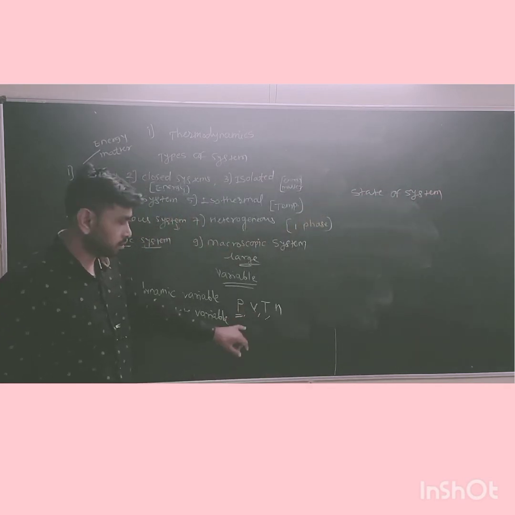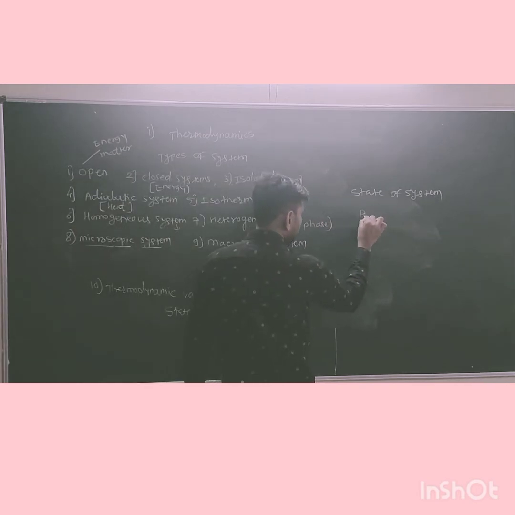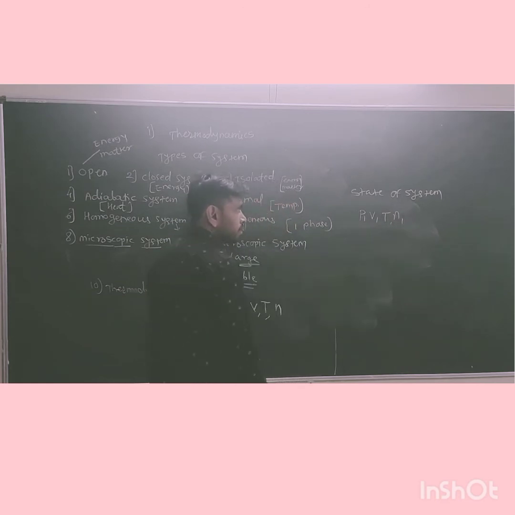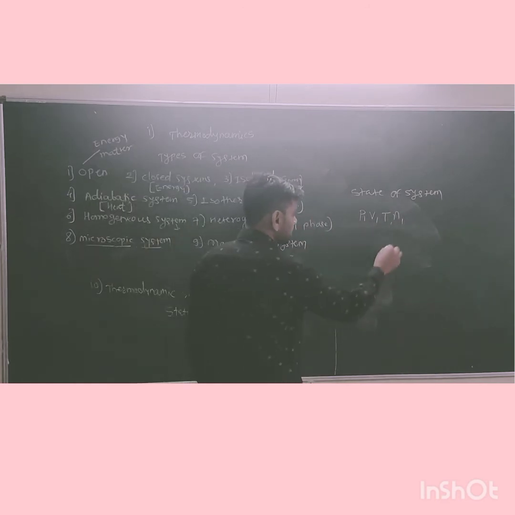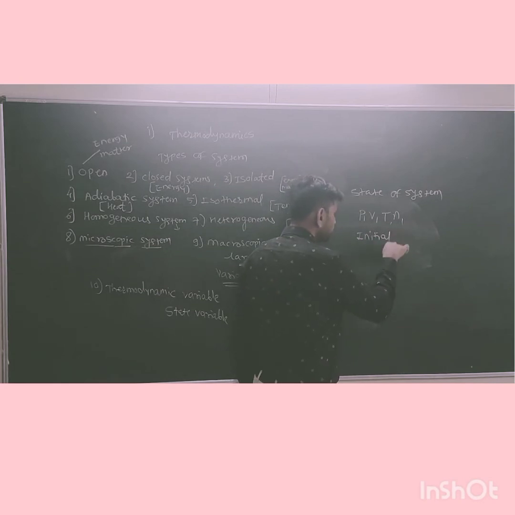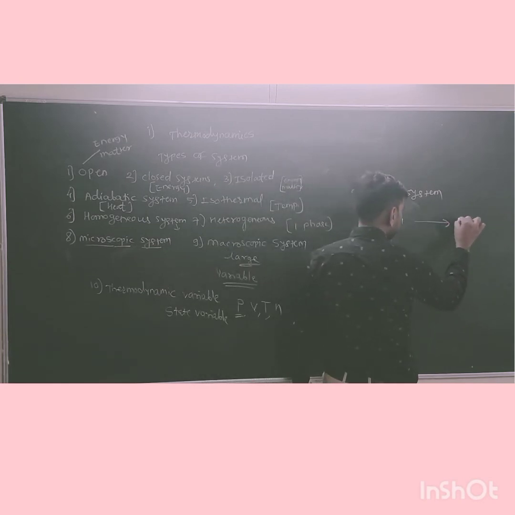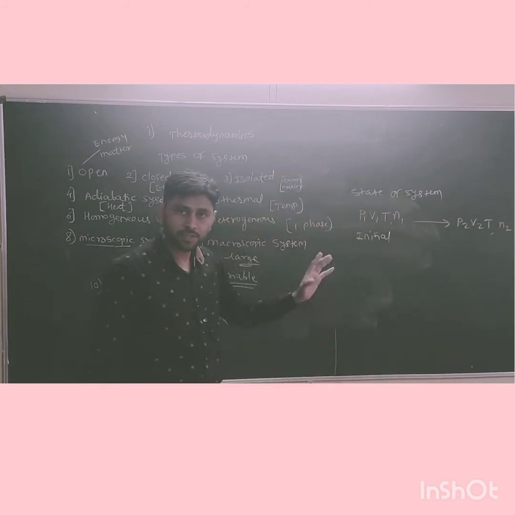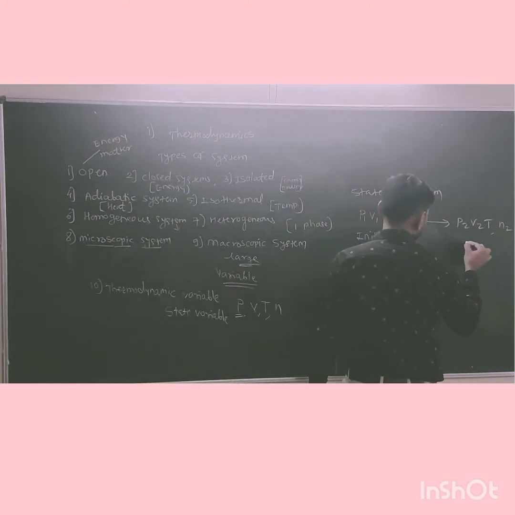If these state variables or thermodynamic variables have fixed values, pressure, volume, temperature, then it is called a state of a system. This is a particular state, we say the initial state. And if these parameters change, P2, V2, N2, then it's another state, a second state, or we say the final state.